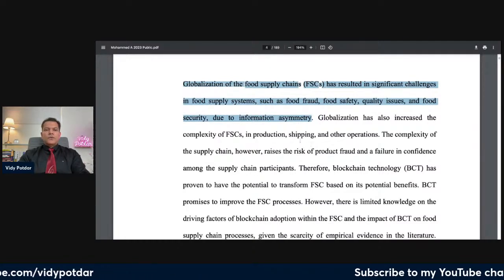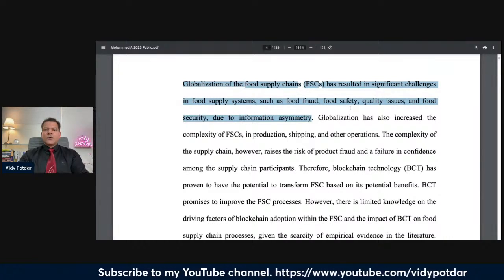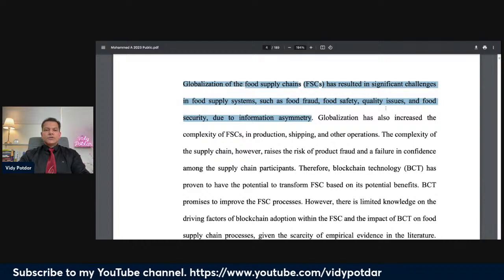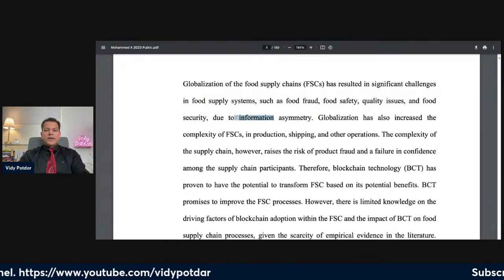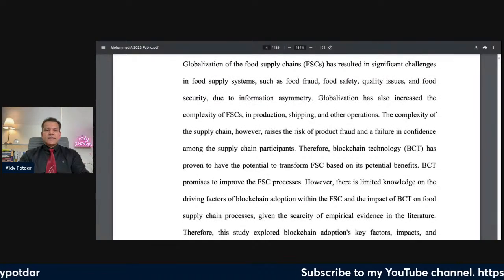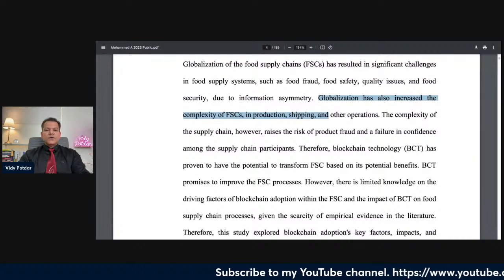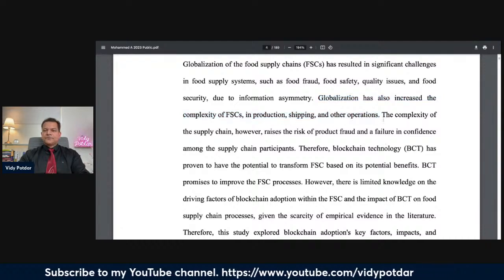Globalization of the food supply chain has resulted in significant challenges in food supply systems, such as food fraud, food safety, quality issues, and food security, due to information asymmetry. Globalization has also increased the complexity of the food supply chain in production, shipping, and other operations.